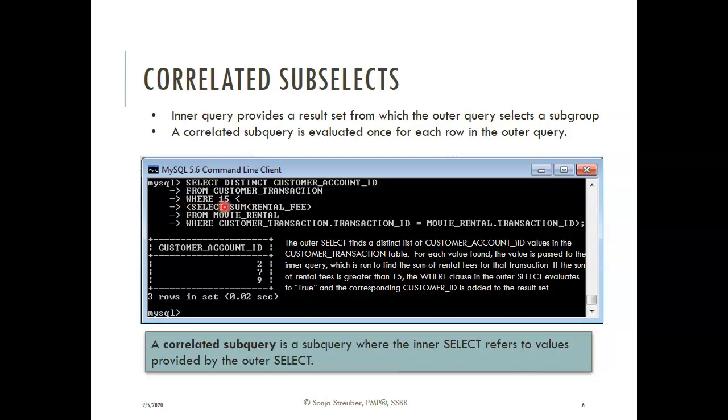And then 15 is less than, and rather than giving it another absolute value, we use the output of the subselect query, this nested query here, in order to compare each row that this query produces with the 15 here, and only if the result from our subselect query fulfills the criterion that it is in fact greater than 15, will it be added to the result set. The result set is what we're seeing right here.